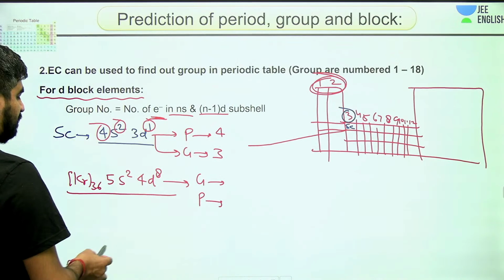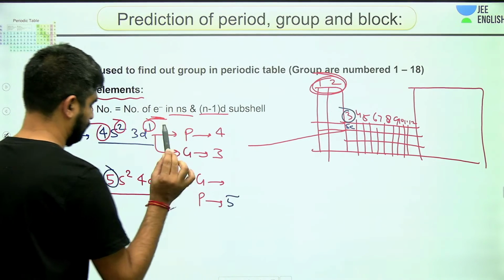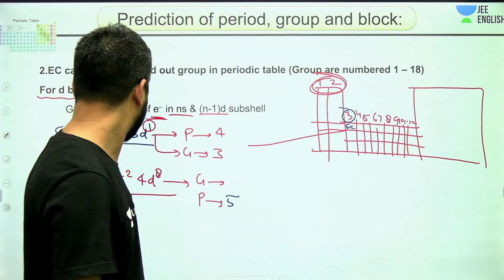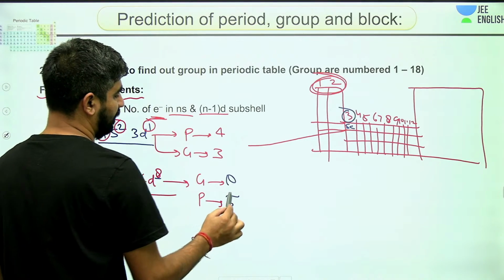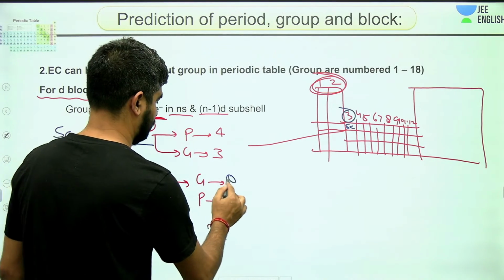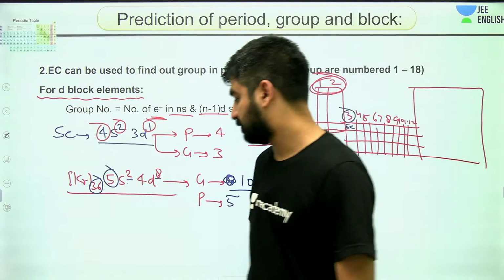So in this case, n is 5, so the maximum value of n is 5. And 8 and 2, group number will be 10. Got it? Group number will be 10, guys.